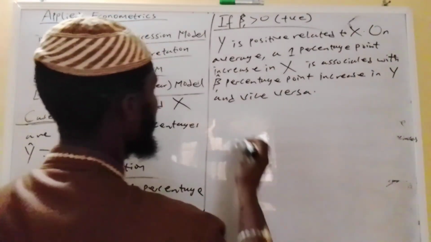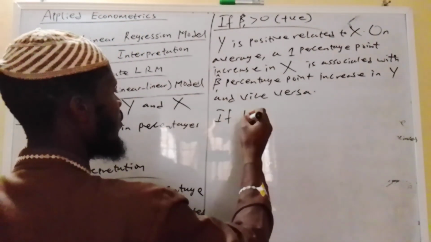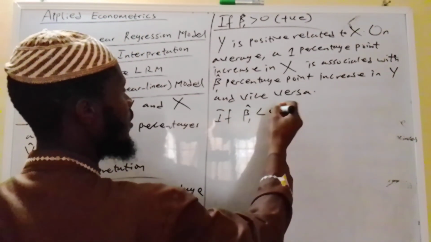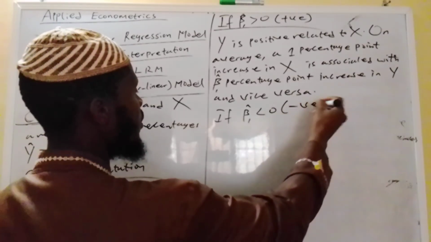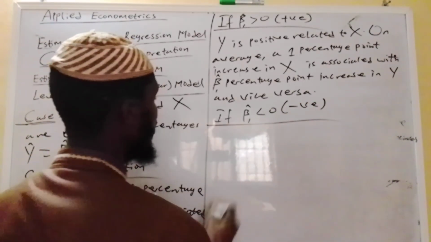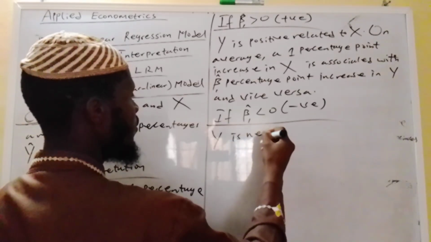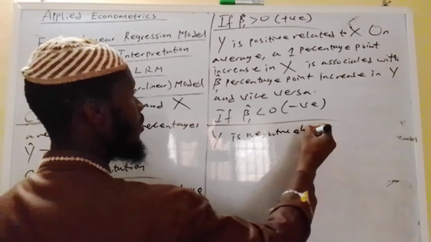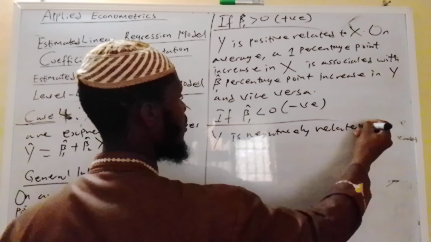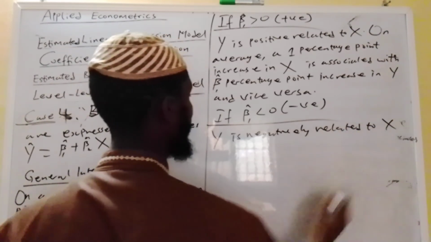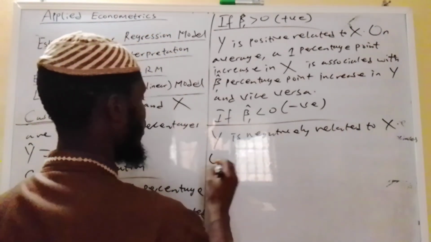What of the case where we have our beta 1 hat less than 0, that is negative? The interpretation goes thus: y is negatively related to x.